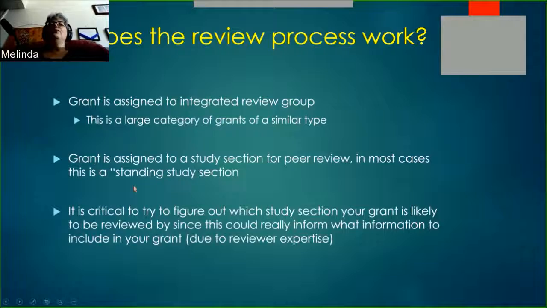There are two flavors of study section. There are standing study sections: at any one time there's a large number of applications coming in that fit within this expertise.